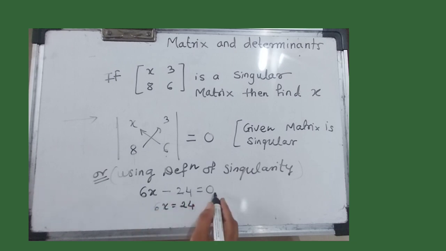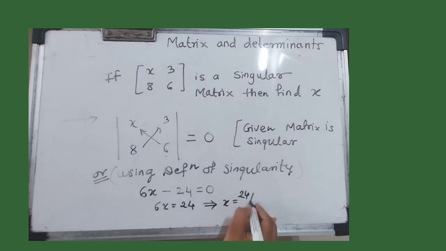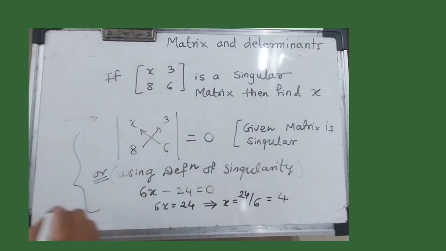So this plus becomes positive. Here 6 is multiplied, implies that x equals 24 by 6. So it is 4. Clear? Understood? So it is for 4 marks. You will get the 4 marks. How simple it is. Don't miss out.